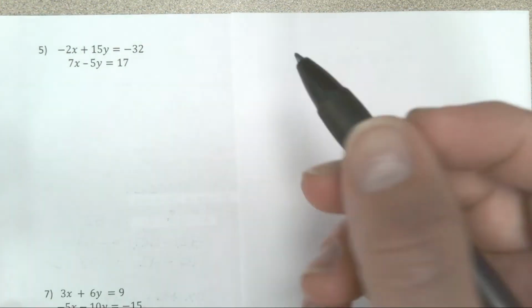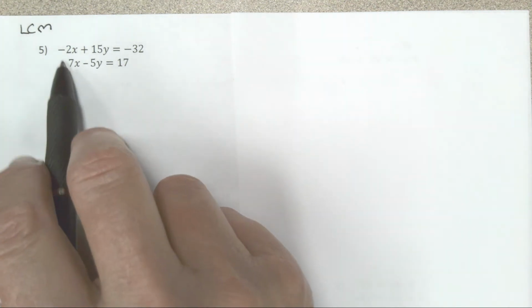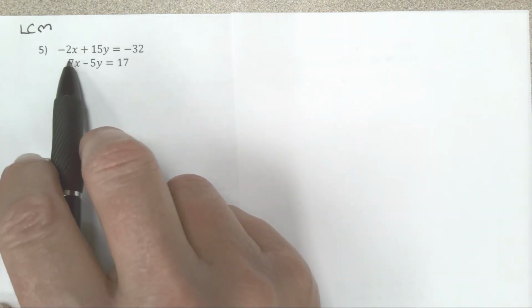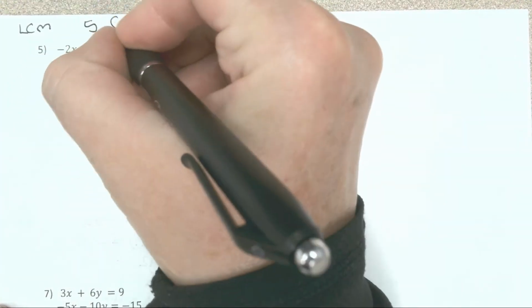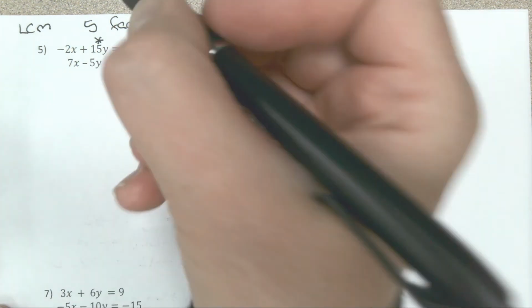When you're trying to figure out which one, I think it's called the least common multiple is what you're going to get. So you would have to multiply both equations by something to get opposites. I can tell that the y's would be the easier way to go because 5 is a factor of 15.